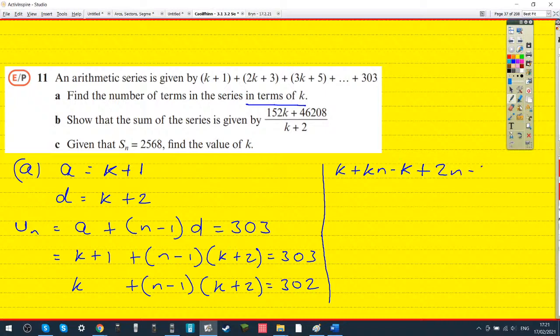So that simplifies out to kn plus 2n minus 2 equals 302. Kn plus 2n. Yep. Even simpler.